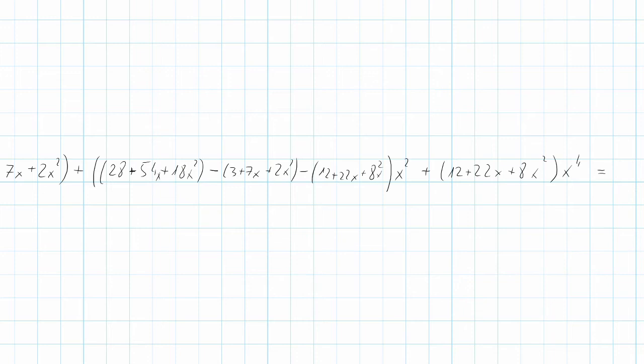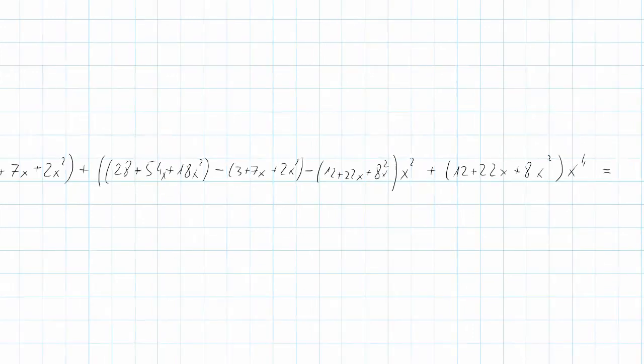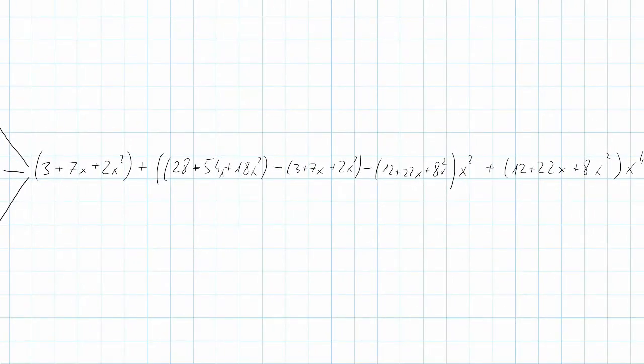All in all, this thing equals 3 plus 7x.